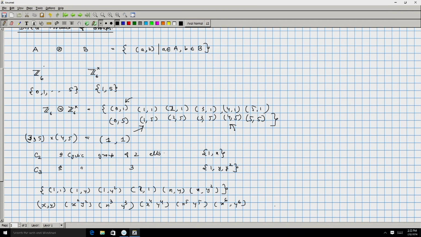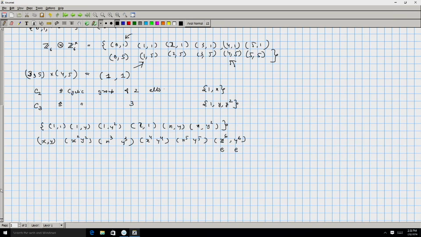There might be other elements, but x raised to 6 is going to be identity, because x square is identity, and y raised to 6 is going to be identity, because y cube is identity. So we do not have to continue further, but are we sure that these elements are all distinct?